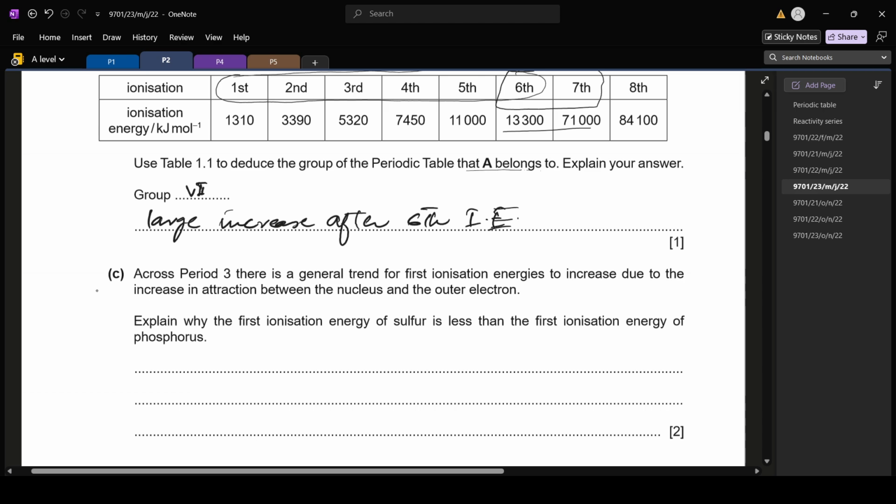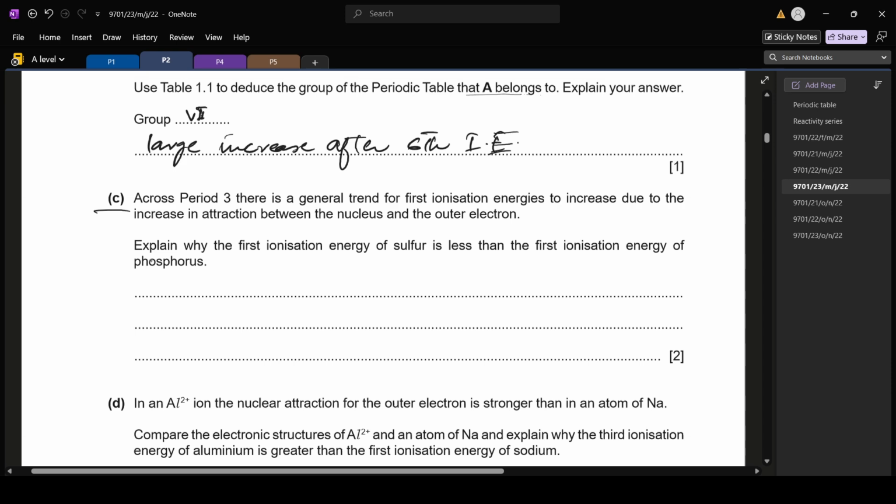Okay. Question number, part C. Sorry. Across period 3, there is a general trend for the first ionization energies to increase due to increase in attraction between nucleus and outer electron. Explain why the first ionization energy of sulfur is less than the first ionization energy of phosphorus.